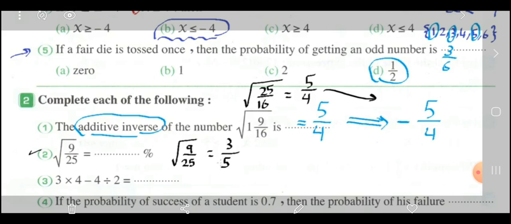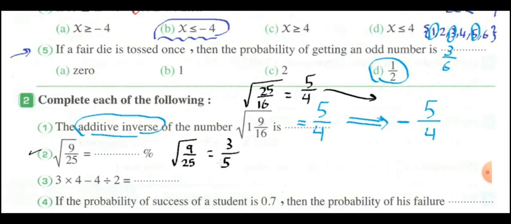Then 1 times 16 plus 9 equals 25, so we can write 25 over 16. Then the square root of 25 equals 5, and the square root of 16 equals 4. So the square root of 25 over 16 equals 5 over 4.